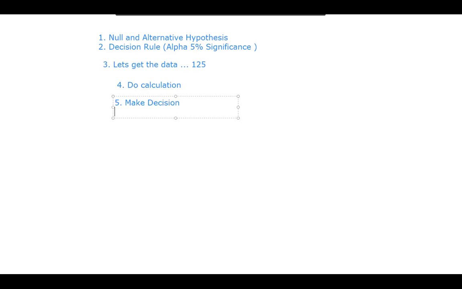Number 6, reject or accept the null hypothesis. And number 7, make your decision, conclude. So these are the steps to perform. Let's say 125 students, and I do the calculation, I get the numbers, and I can conclude whether this is going to be correct or not.